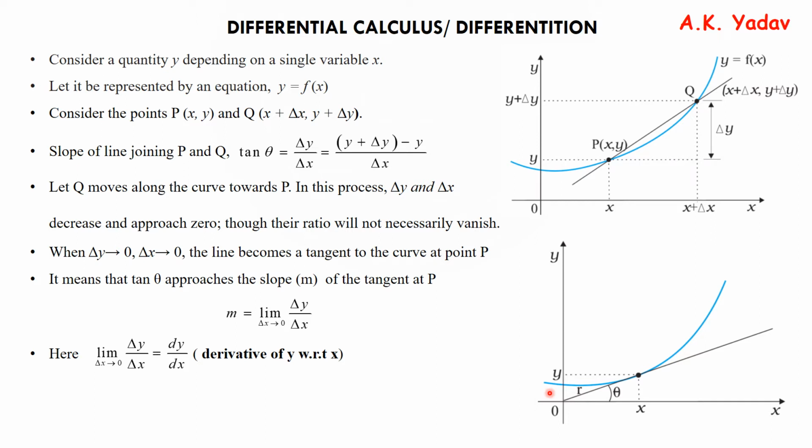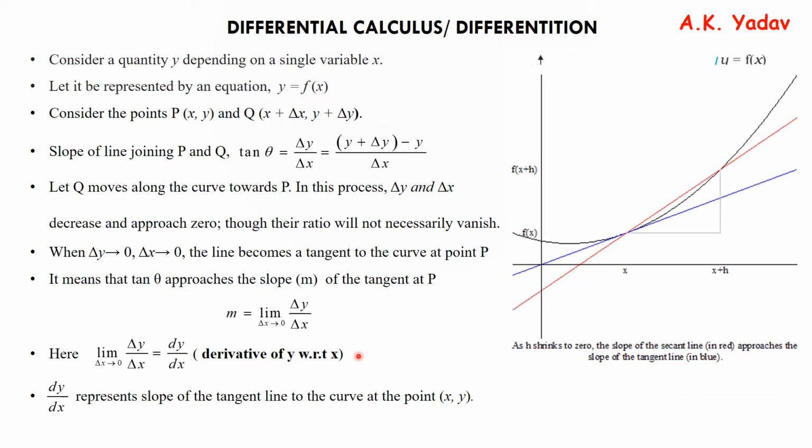Here this limit, delta x tends to 0 of delta y upon delta x, can be written as dy by dx, or derivative of y with respect to x. dy by dx represents the slope of the tangent line of the curve at the point (x, y).